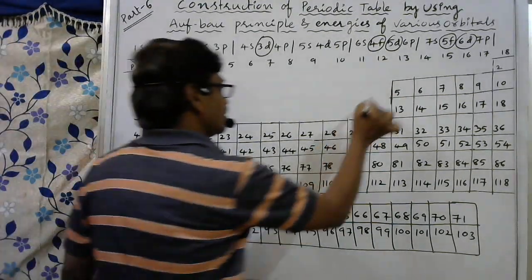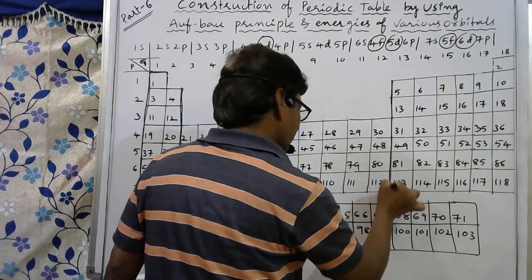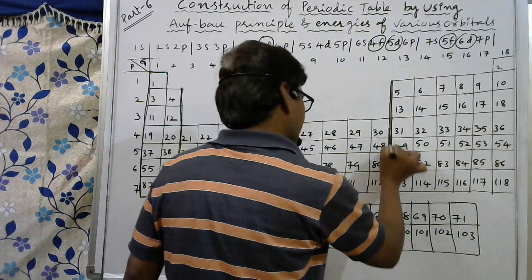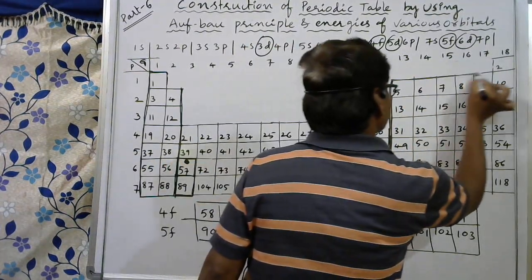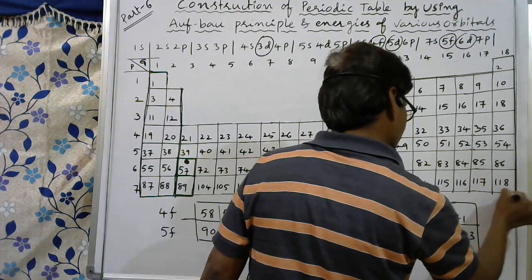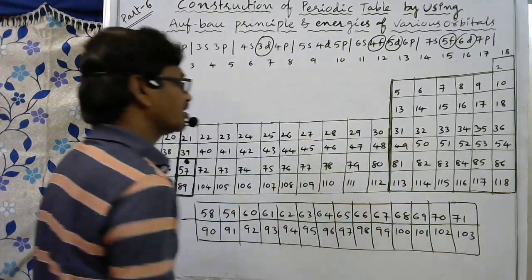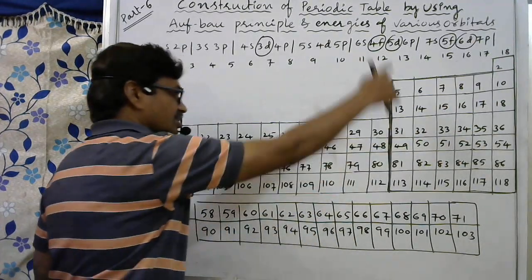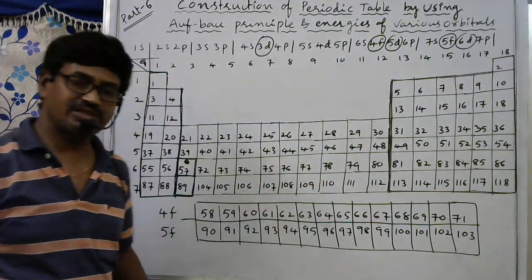Then from here to here, these are the p block, because there are 6 vertical lines: 1, 2, 3, 4, 5, 6. Those are nothing but the p block.